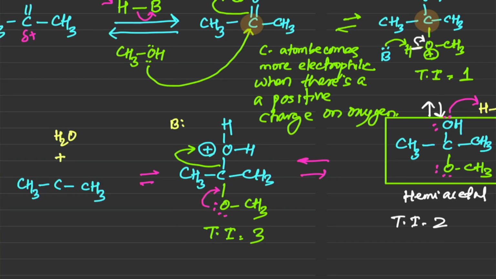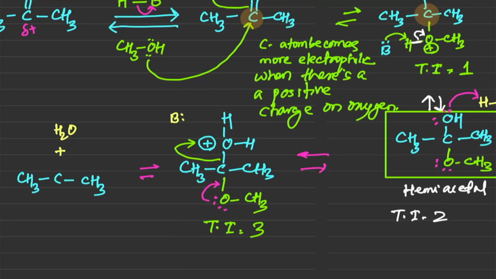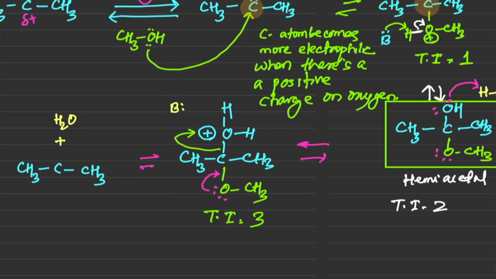So the water could act as a proton source. Water could serve as a proton abstractor as well. And then on this side, you now have a double bond, OCH3. And you notice oxygen has 3 bonds. So 3 bonds means positive charge right there. Okay, so now you have positive charge on oxygen.